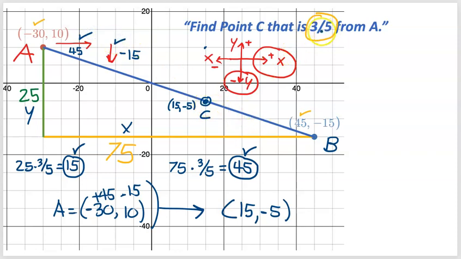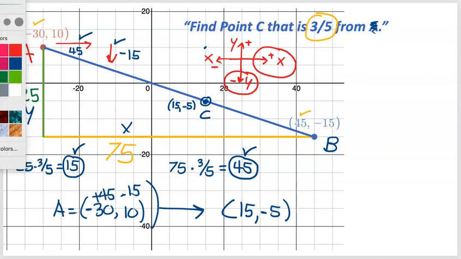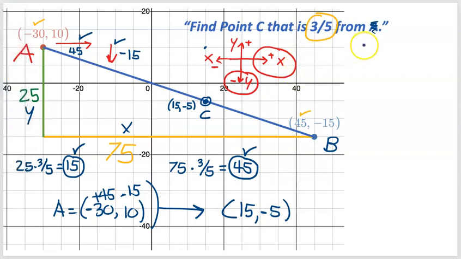That is the scale factor from A. If it were from B, if I were to quickly flip this problem and all of a sudden say, oh, we're not from A, let me give this a new color here. How about purple? From B, you would do the exact same thing, except you would move 45 that way.